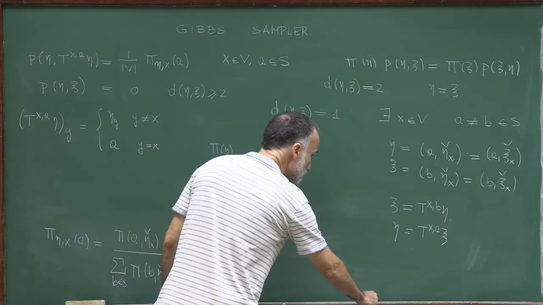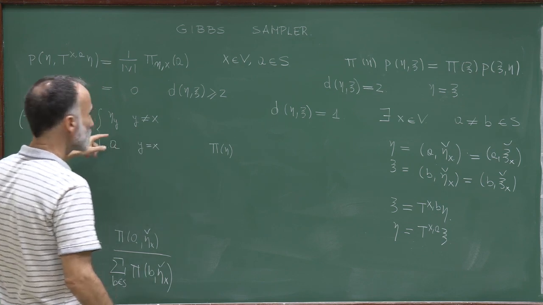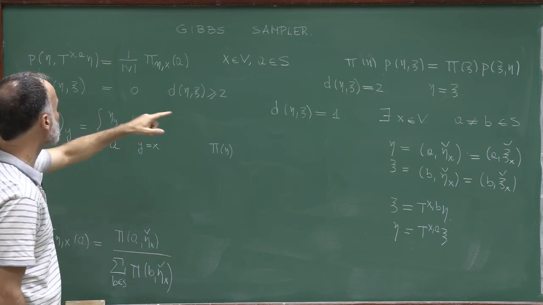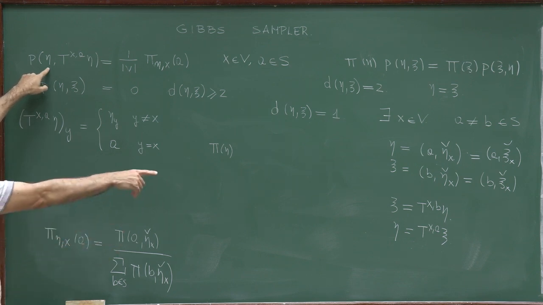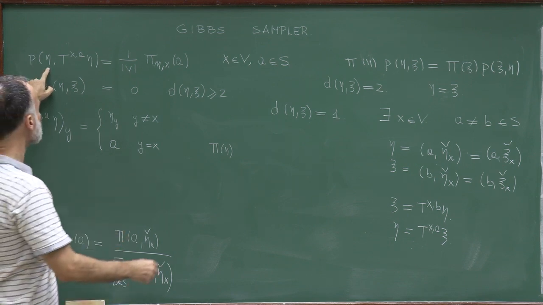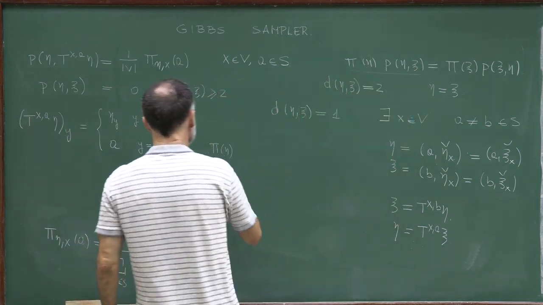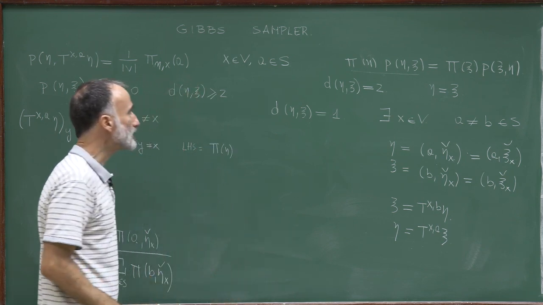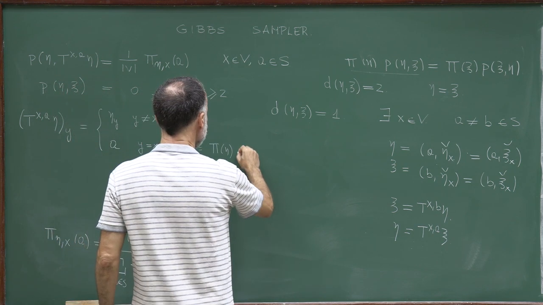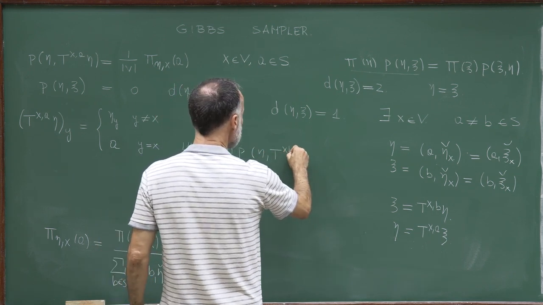Then let me write p of eta, then the probability that you jump from eta to xi. But since xi is T x B of eta, I'm considering the left-hand side. So the left-hand side is equal to p of eta times the probability that you jump from eta to T x B of eta.